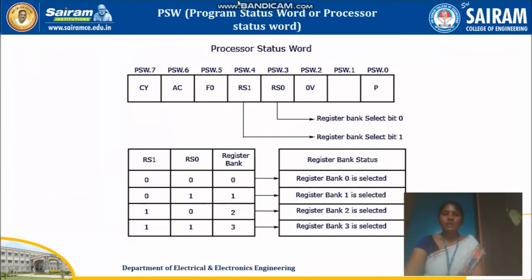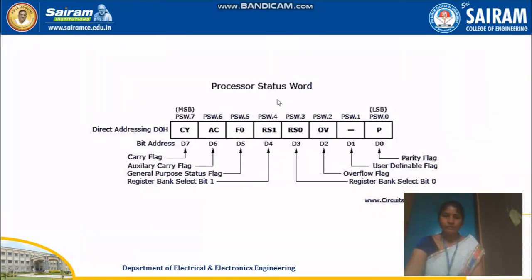So this is the basic structure of your program status word, or processor status word, which is of 8 bits. The 3rd bit and 4th bit are responsible for selecting your register bank. Here I have explained it clearly. The bits start with D0: D0, D1, D2, D3, D4, D5, D6, D7.